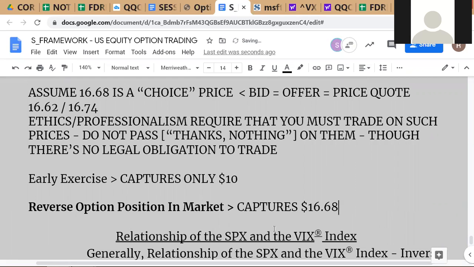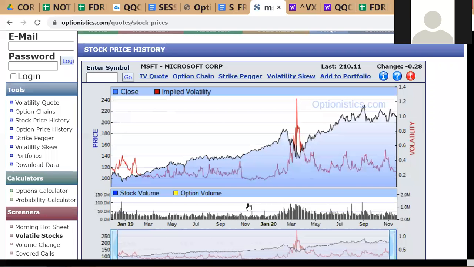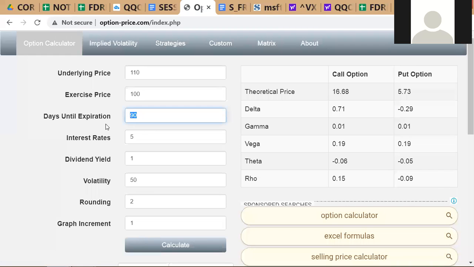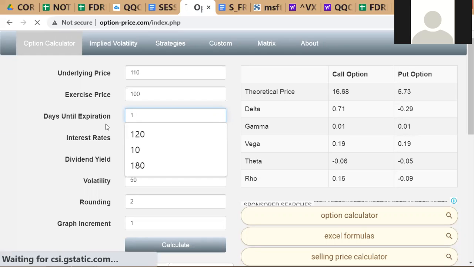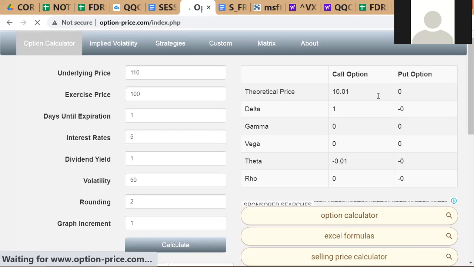This is generally going to be true unless the time value is very low. If you make this one day left, you can see that the time value here is only 1 cent. In this kind of situation, you may do an early exercise.